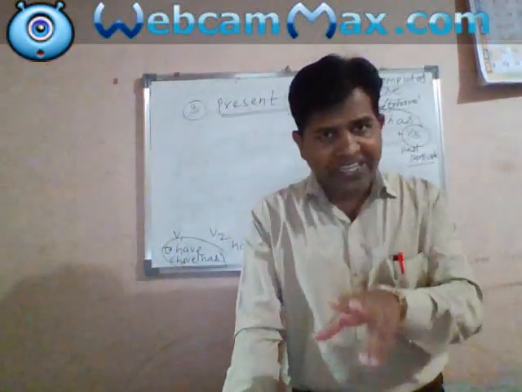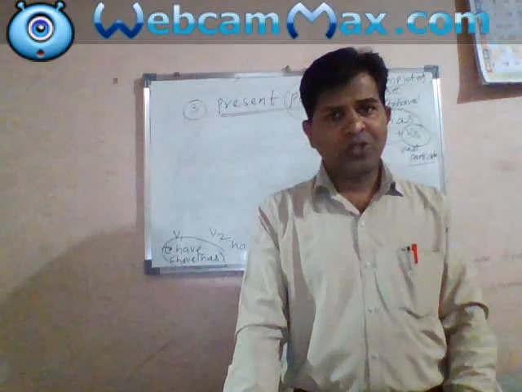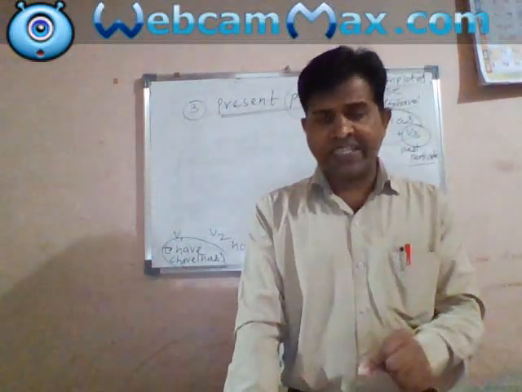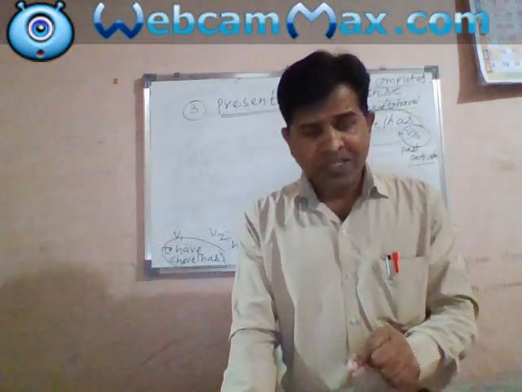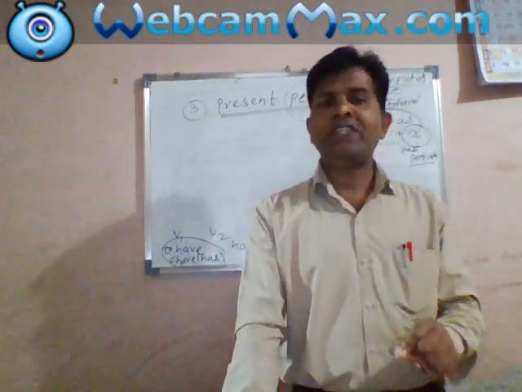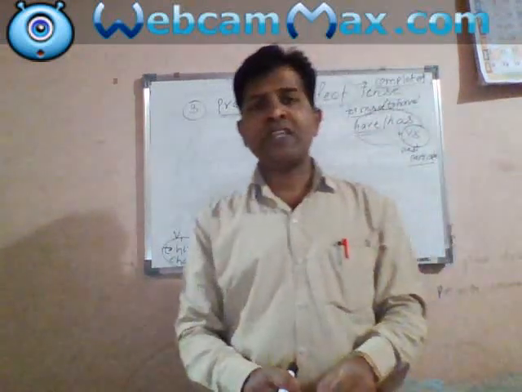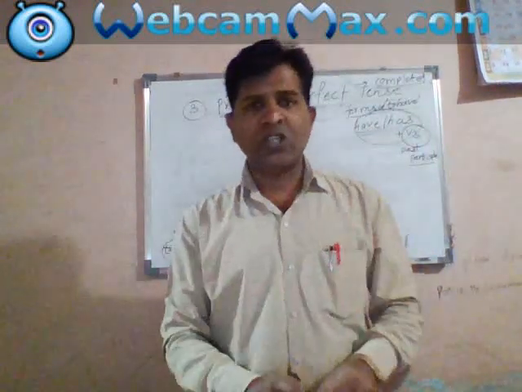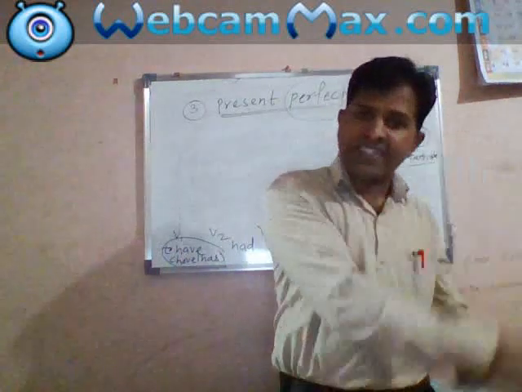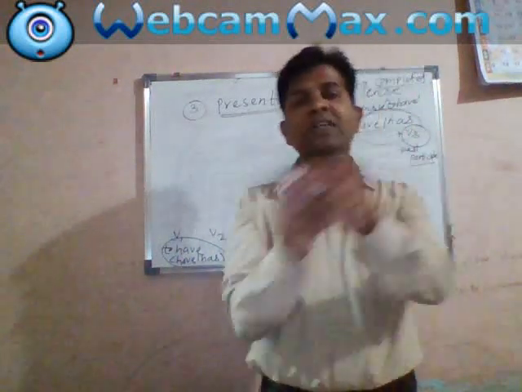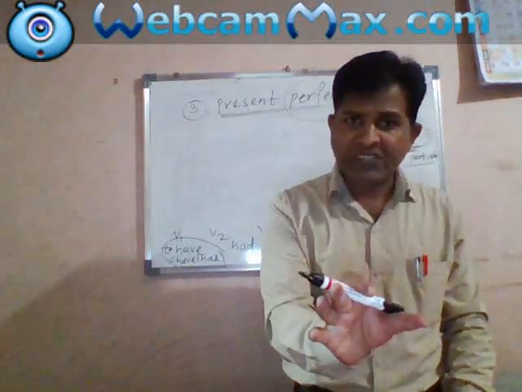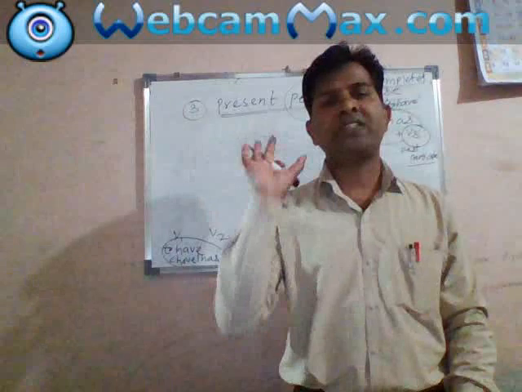You understand what I say? Don't get confused. Present perfect tense, when do we use it? The action got completed in the past and still we experience the effect, the consequence of that past action in the present. Then we use present perfect tense.